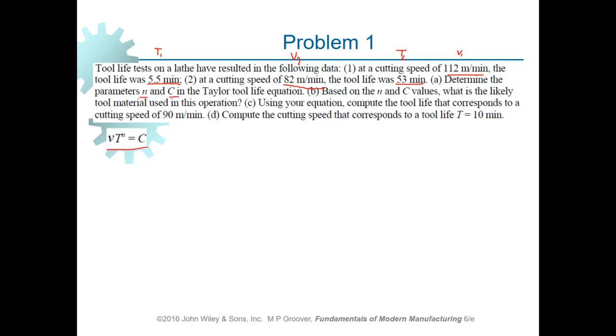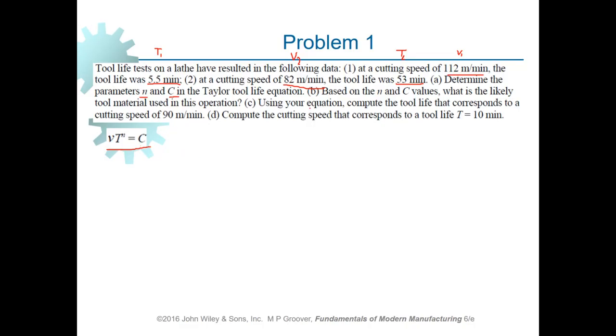So this is the tool life equation which I have written down here, the only equation we have on the equation sheet for this session. If we are provided with two different values of V and two different values of T, then we need to compute the values of N, which is the tool life exponent, and also C, which is the constant.